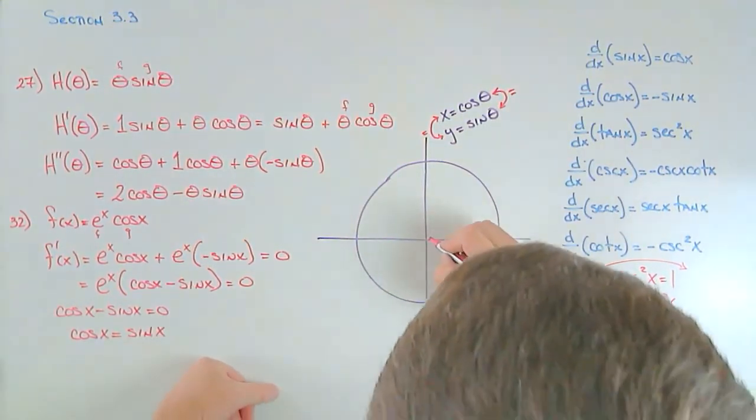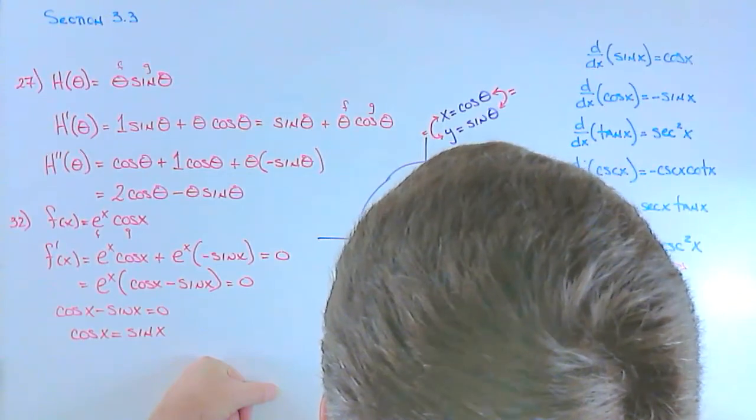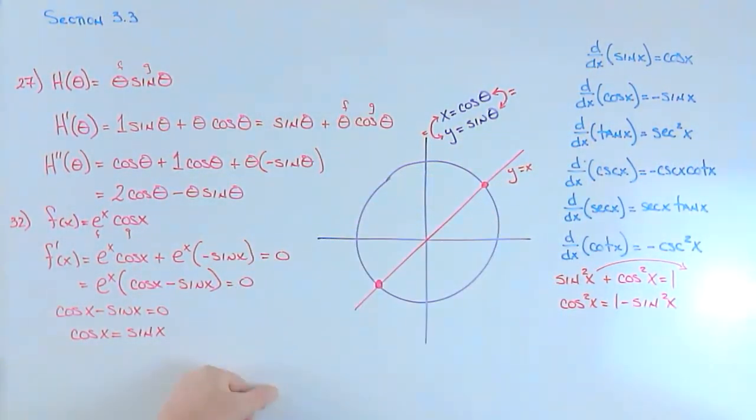Now we know when x equals y. In algebra, they taught us this line is y equals x. So that happens here, and it happens here. It happens in the first quadrant. Why? Well, because all the functions are positive there. So sine is positive and cosine is positive, so they can equal each other.